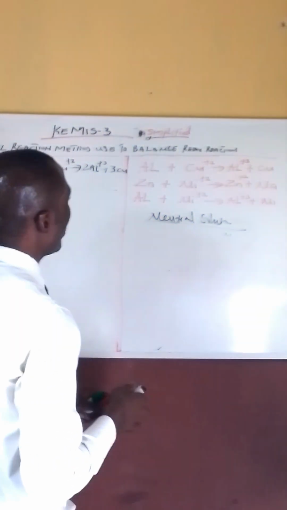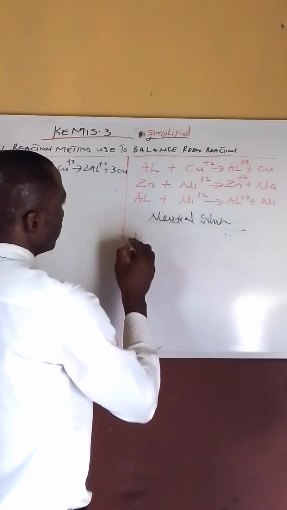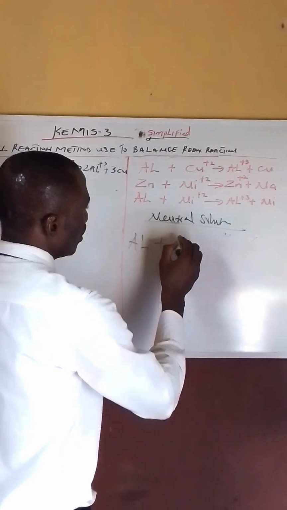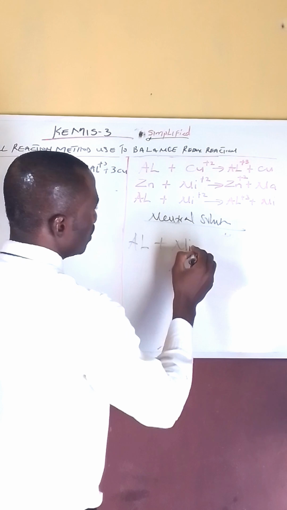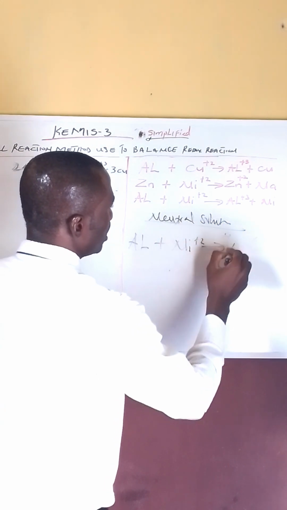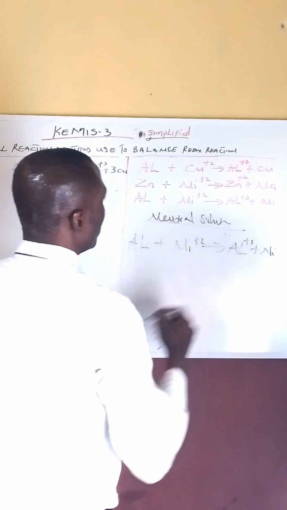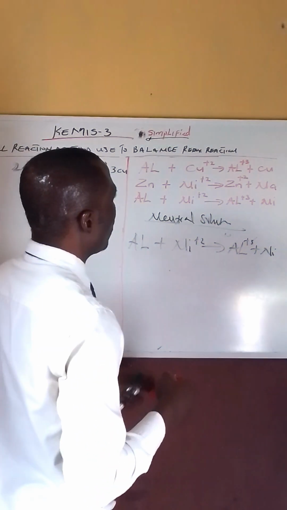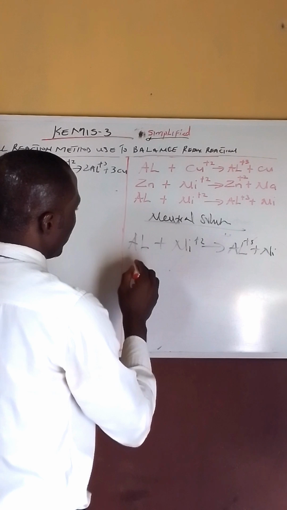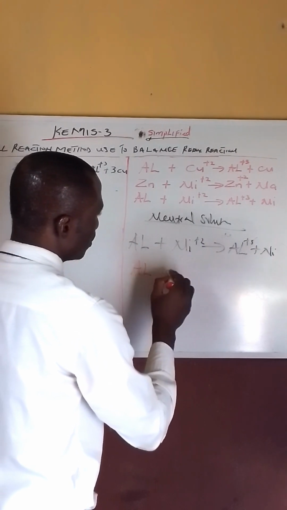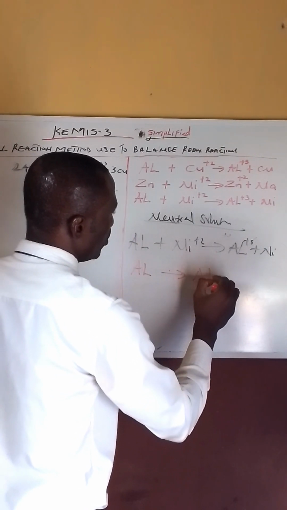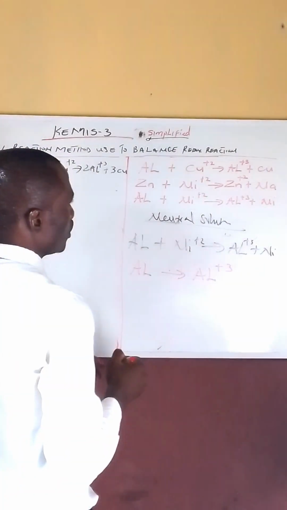In this last one, we have aluminium plus nickel, which gives me aluminium plus 3 plus nickel. Now, what do I do here? What I'm going to do here is we have aluminium gives an aluminium plus 3. You see that?